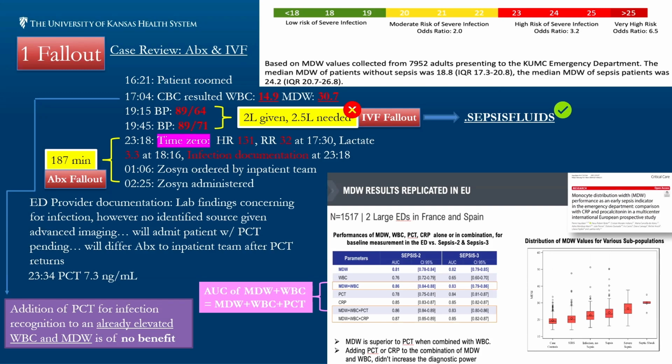The point of this is to ensure that all the other providers are aware of the specific lessons that were learned per that particular fallout. And this basically gets reviewed and presented to the ED staff, which includes the APPs and attending physicians, and is sent out to the residents as well. We're a full-fledged academic hospital, so we have a lot of EM residents as well.